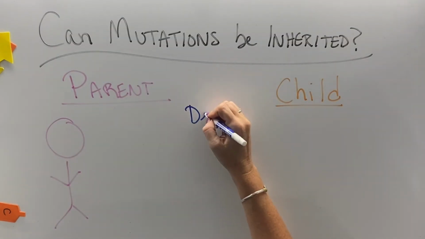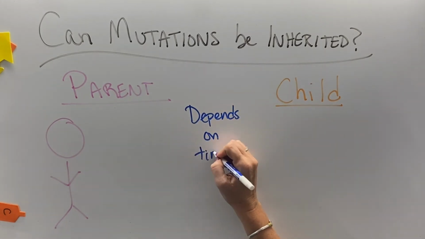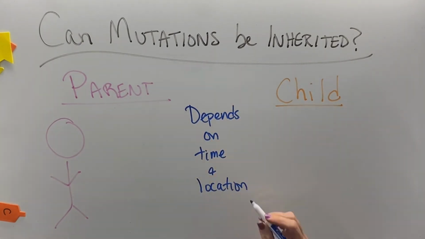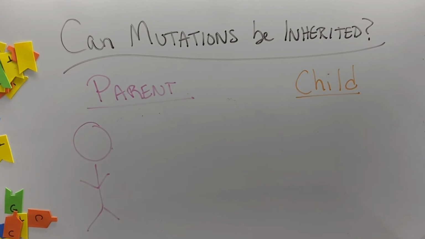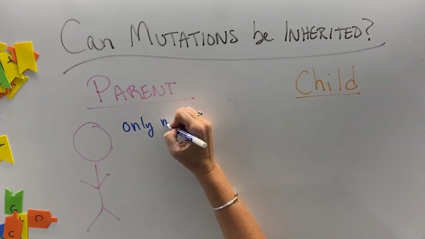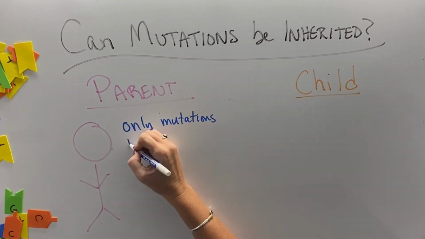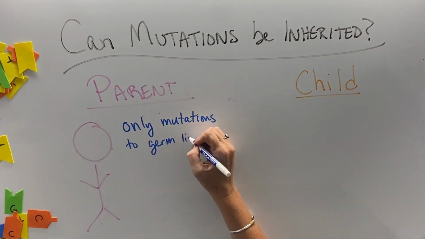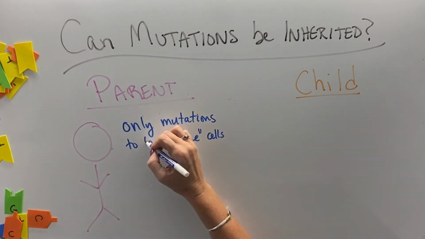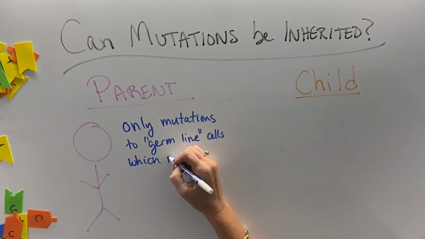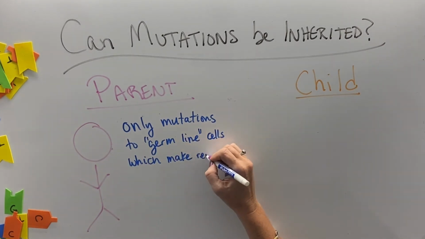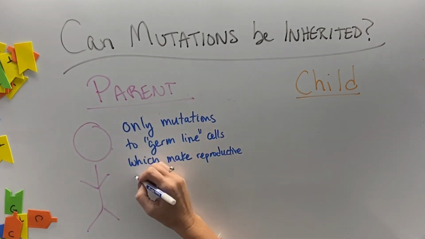Whether a child inherits a mutation from their parents depends entirely on when the mutation occurs and its location. Typically speaking, the only time a child is going to inherit a mutation from their parent is if the mutation occurs in or is present in germline cells. And germline cells are cells which will make the reproductive cells or are the reproductive cells themselves.